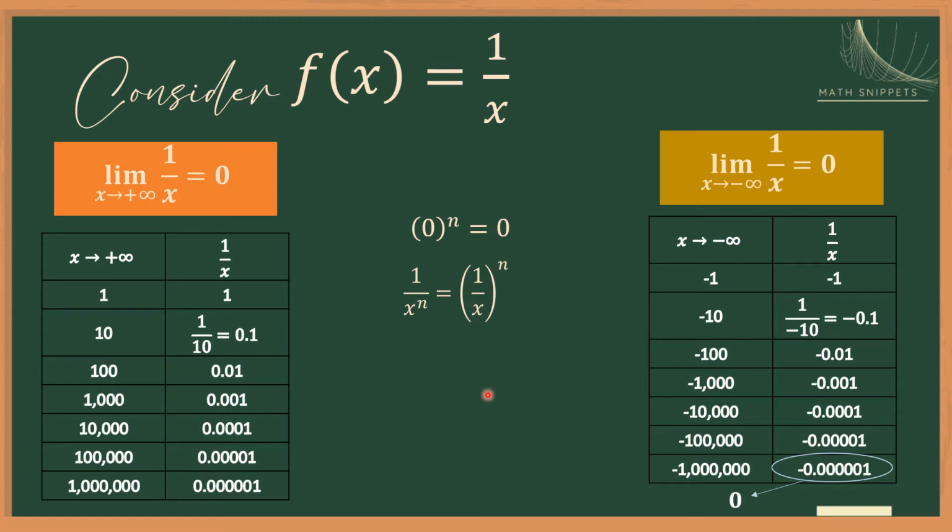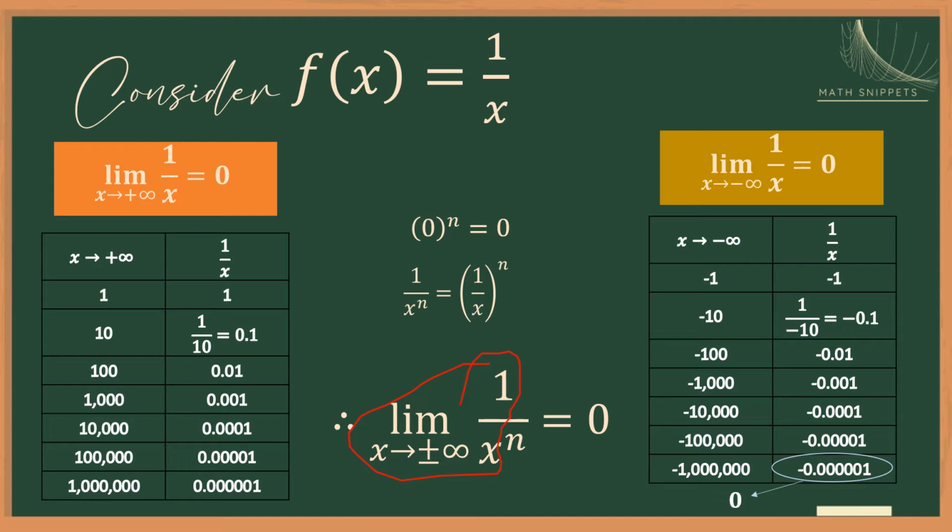So therefore, if we evaluate the limit of 1 over x raised to n, we can apply the power law of limits. So we have the limit of 1 over x raised to n as x approaches positive or negative infinity is 0. Remember, the limit of 1 over x as x approaches infinity or negative infinity is 0.